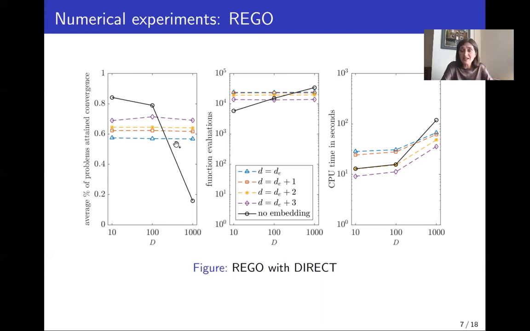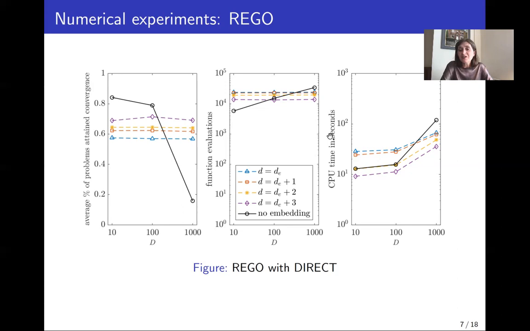However, the probability of success of finding a solution of the original problem stays essentially constant for the REGO framework, independent of the growing dimension of the ambient space. This is in line with our theoretical findings that this probability of success does not depend on big D, only on the low effective dimensionality and on the dimension of the embedded subspace.